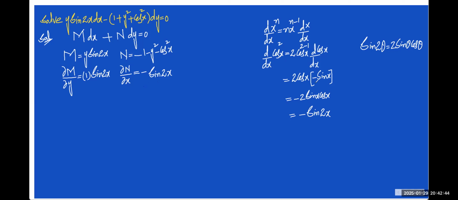This minus, and we already have one minus here, so together it becomes plus. So we are getting the satisfaction here. It means dou M by dou y is equal to dou N by dou x. This equation number 1 is exact. Therefore, 1 is exact. Up to here, any doubt?